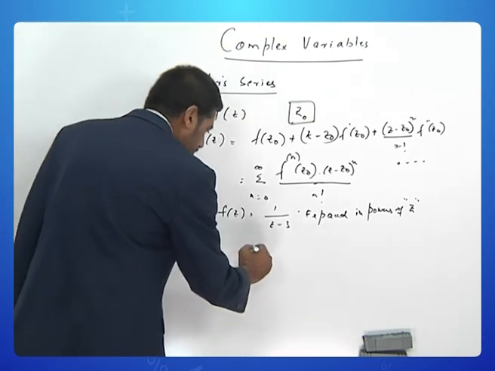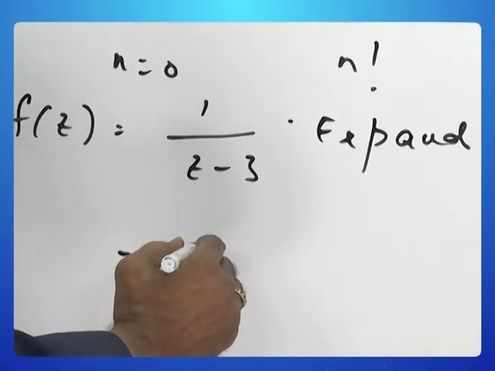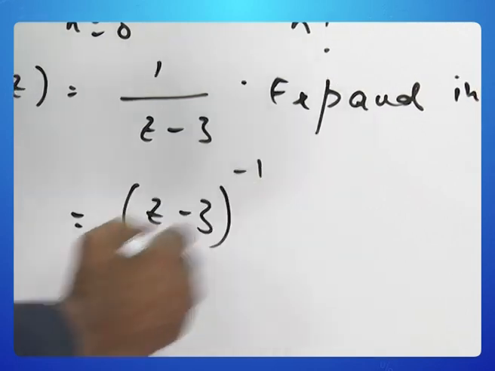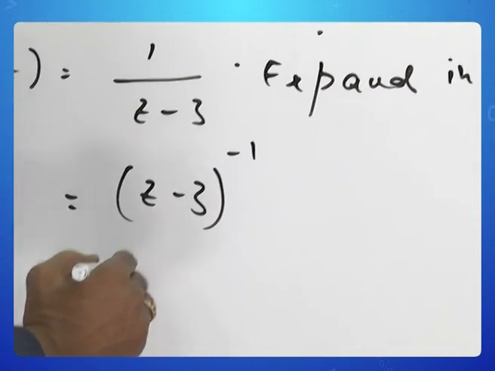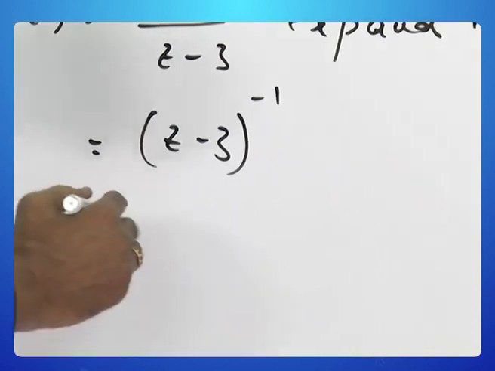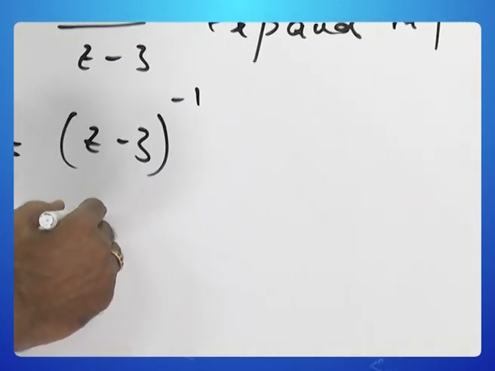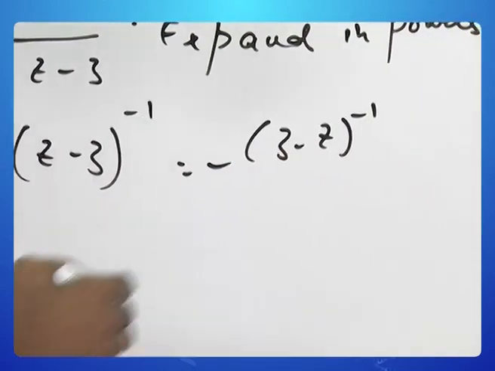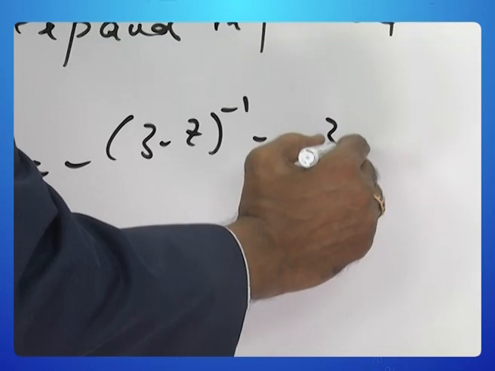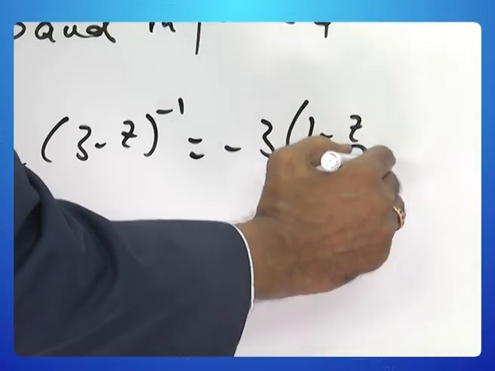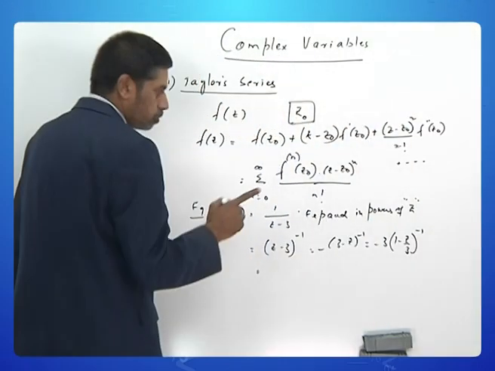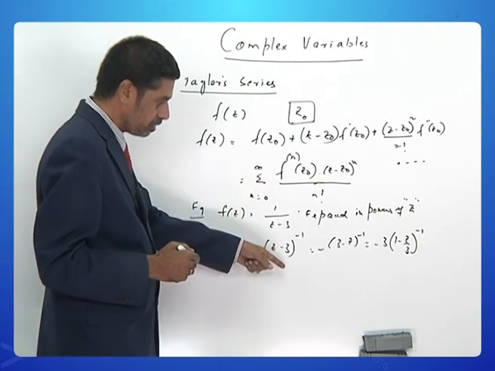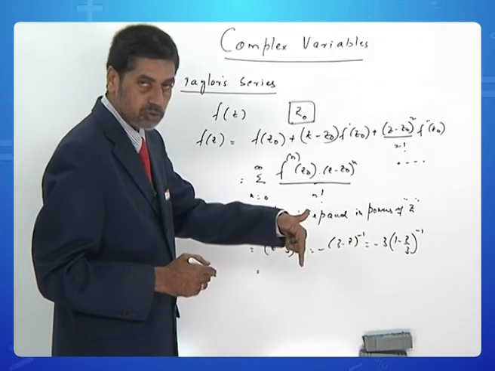So you can write this as z minus 3 whole inverse, and you can say, in fact you can write this as minus of 3 minus z whole inverse, from which you can take 3 out. You must be careful not to take z outside, because that will lead to 3 by z situation, and that will create a singularity at z is equal to 0.